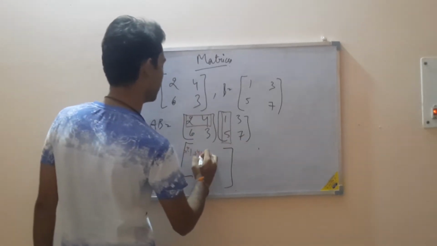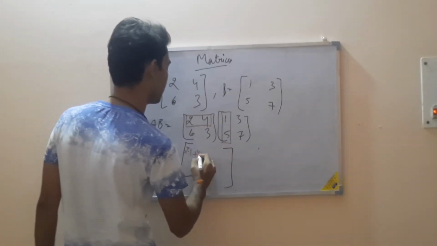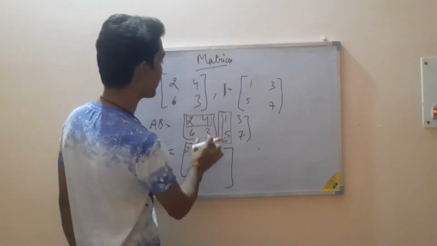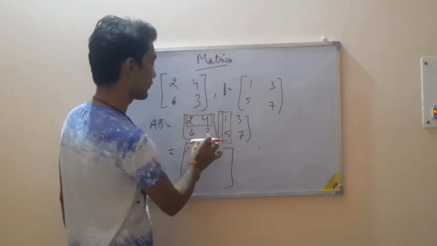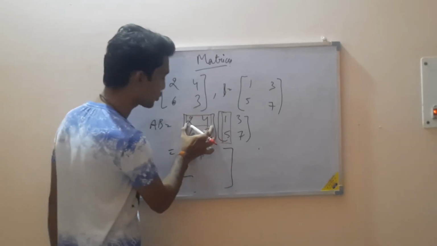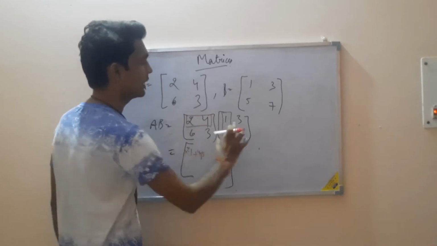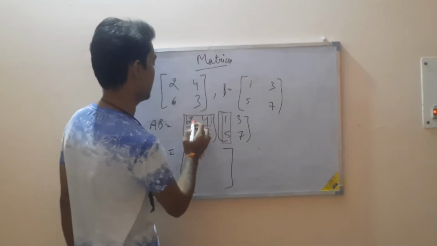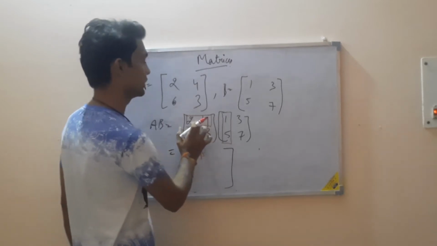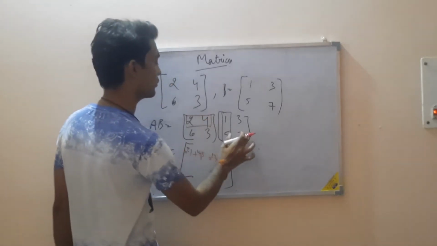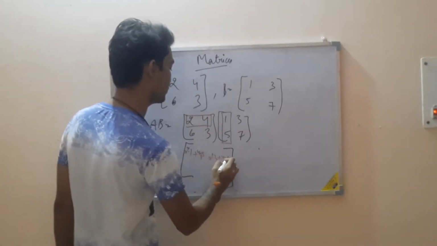Now for this position we consider this row and this column: 2 into 3 plus 4 into 7.